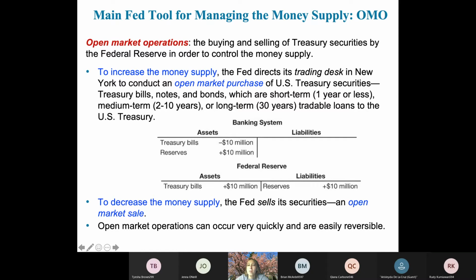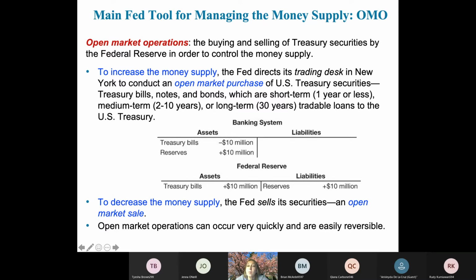So if you remember that a typical bank has securities and loans and reserves on the left-hand side, on the asset side of their balance sheet. So here it is represented using the T account of the banking system. So we have treasury bills and we have reserves.